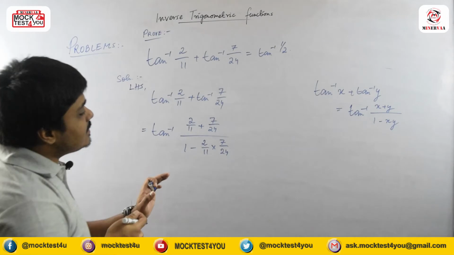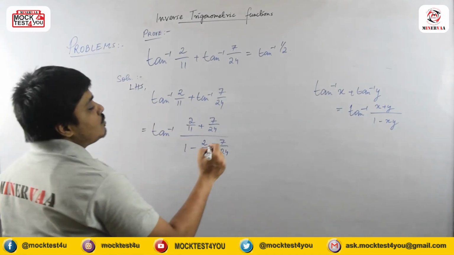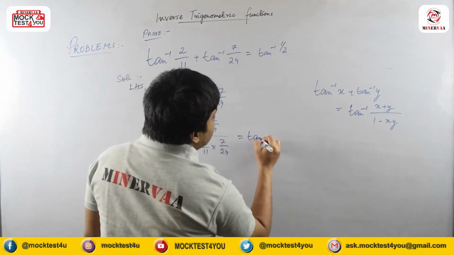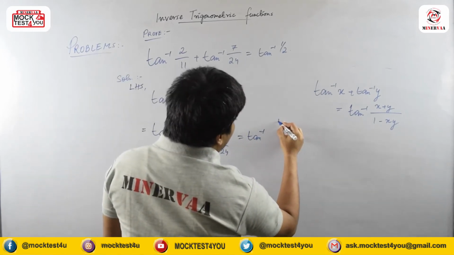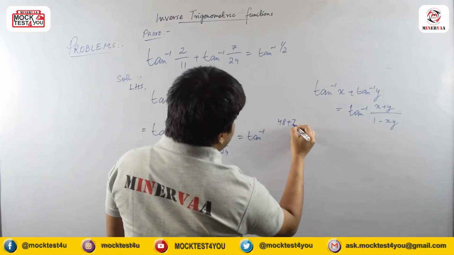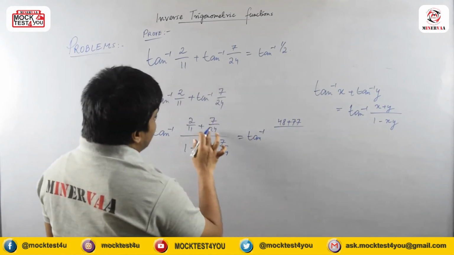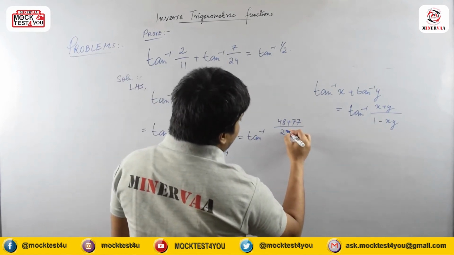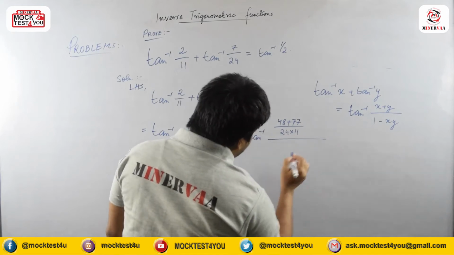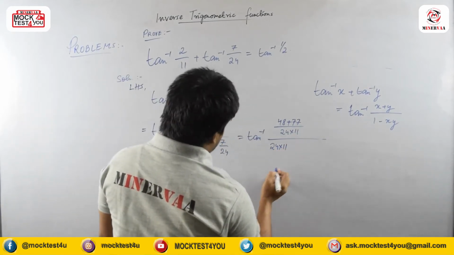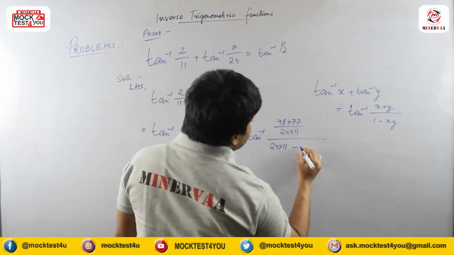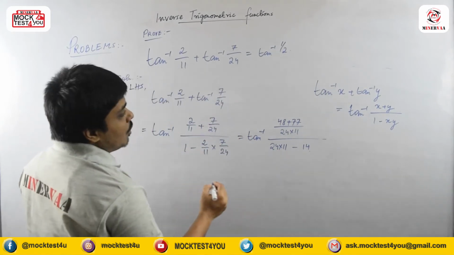After getting this, I will do the LCM in the top and bottom. See what you get. So tan inverse, in the top I get 48 plus 77, divided by, in the bottom, 24 into 11 minus 14, all over 24 into 11.